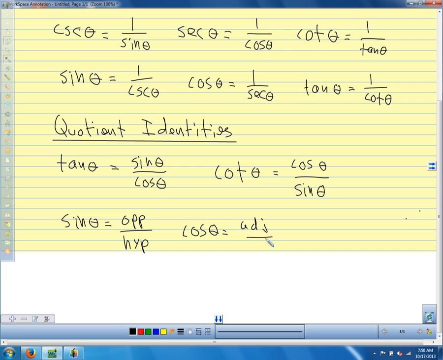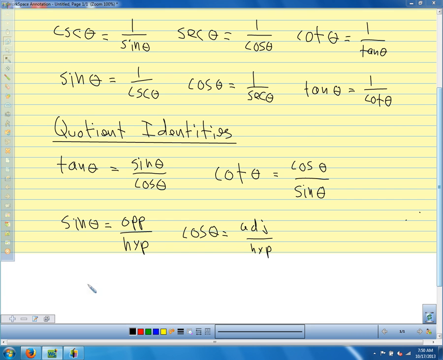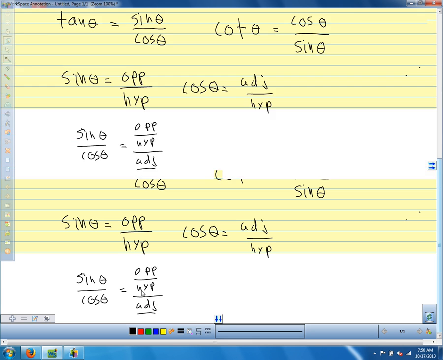Adjacent over hypotenuse. So I'm going to write this fraction, showing you how this comes from our triangle also. We get tangent of theta, not tangent theta, sine theta divided by cosine theta, is opposite over hypotenuse divided by adjacent over hypotenuse.